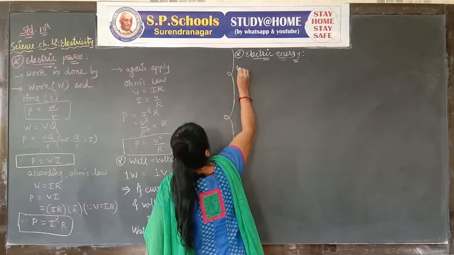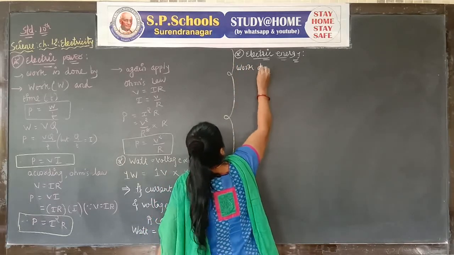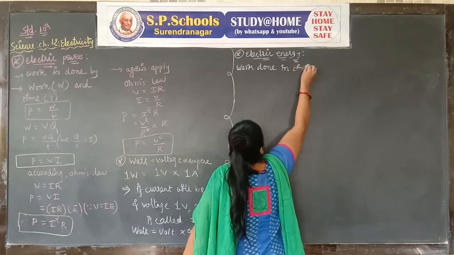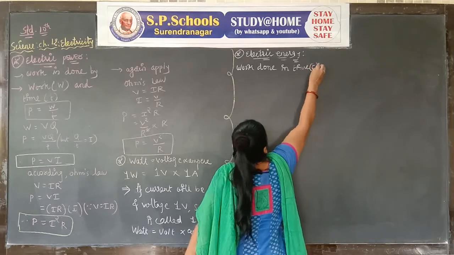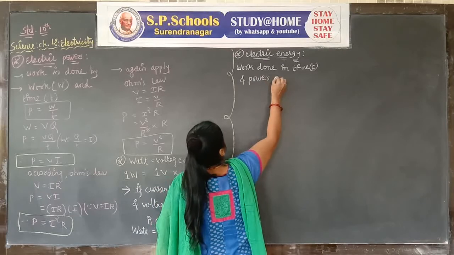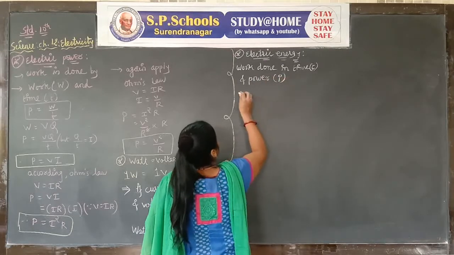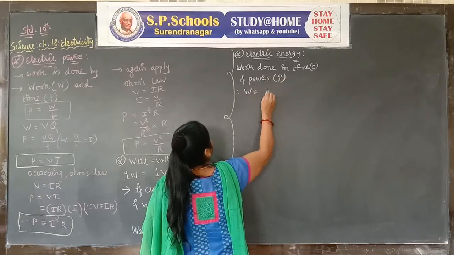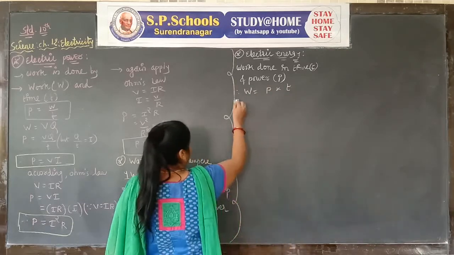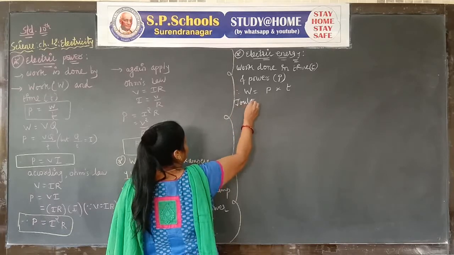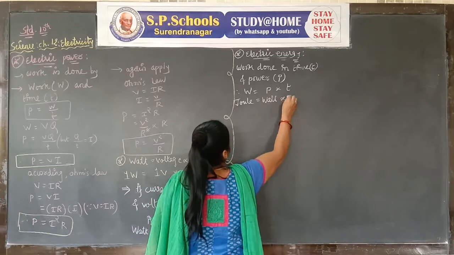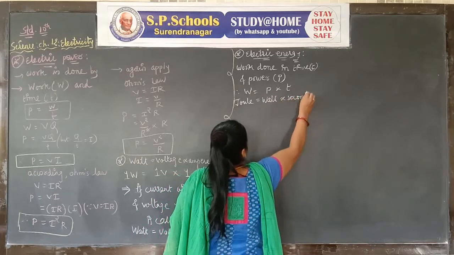When work is done in time t, when power P is consumed, we write W is equal to P into T. The unit of work is joule, power is watt and time is second.